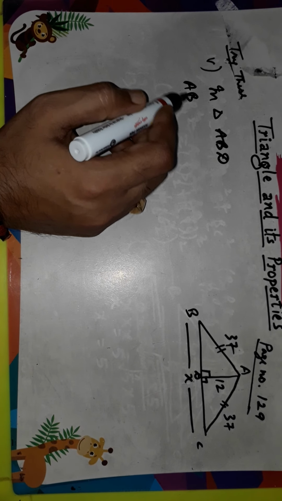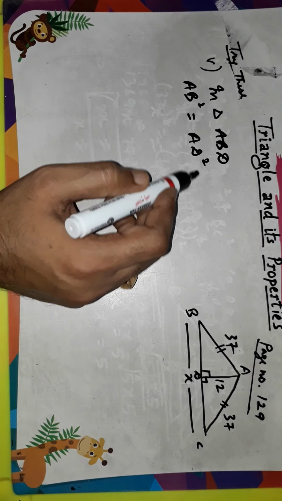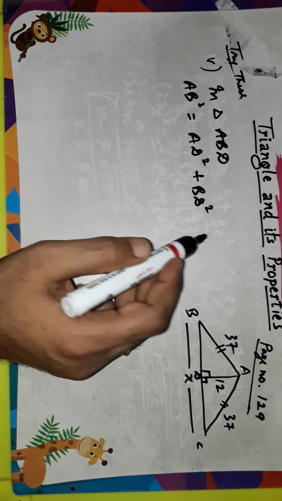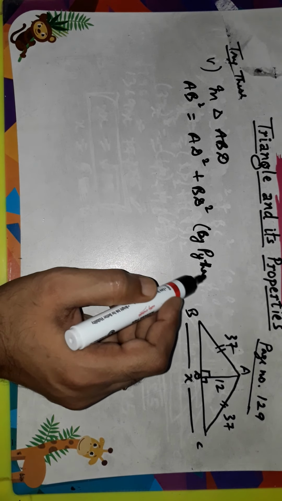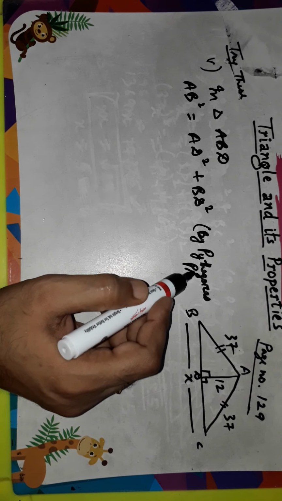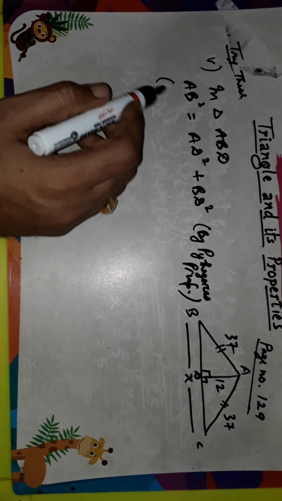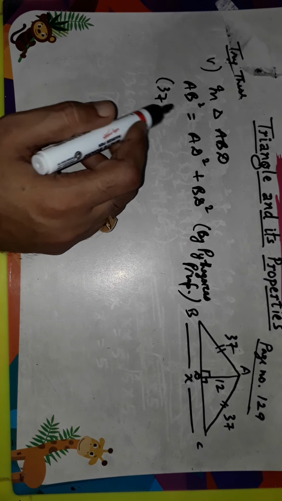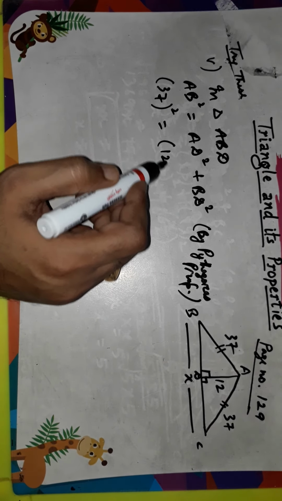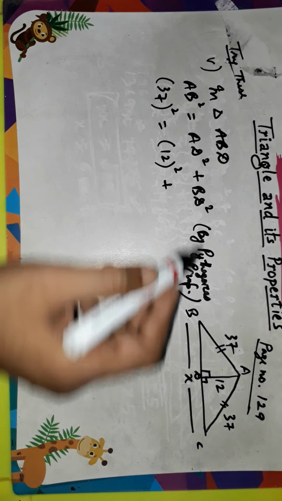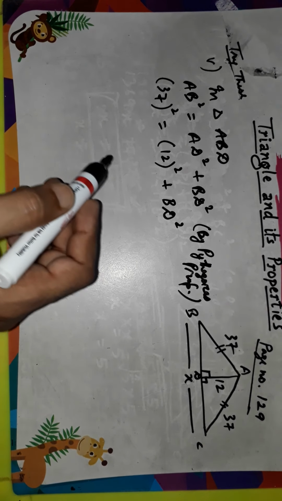So AB square equals AD square plus BD square, by Pythagoras property. Now the AB value is 37, so we mention 37 square equals AD is 12, so 12 square, plus BD is not known to us, so I am writing BD square as it is.